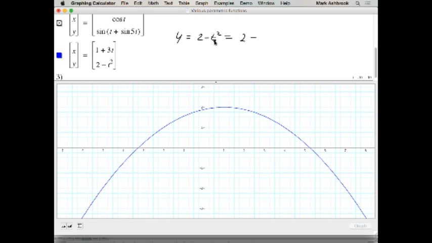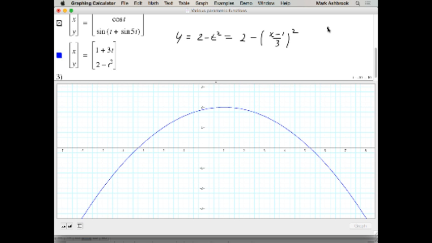Well, that's t, not x. So what is t? X minus 1 divided by 3, squared. Right? Because t is x minus 1 divided by 3. So what is this thing? So y equals 2 minus the quantity x minus 1 over 3, squared. That's a parabola, right? That's y as some function of x squared. So this is a parabola.